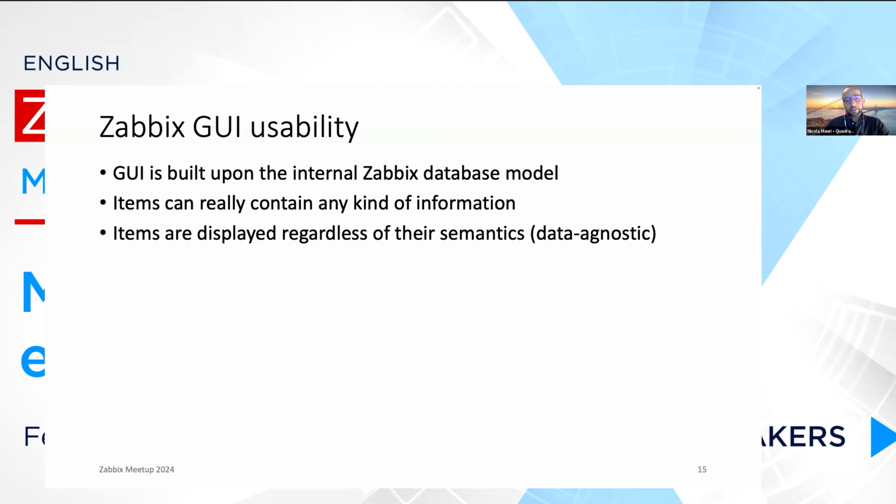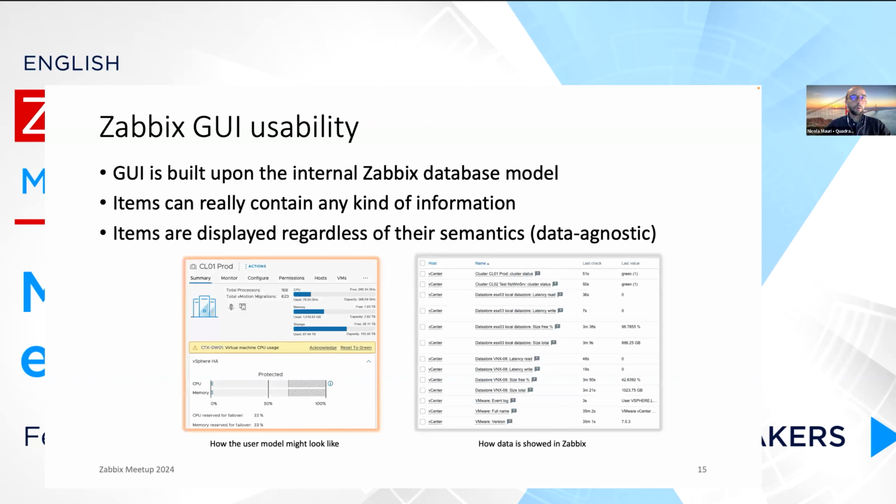And items are general entities which can contain any kind of information: a temperature, a disk space, a disk size, the status of a service. And in the Zabbix user interface, items are displayed regardless of their semantics. We say that Zabbix is data agnostic.